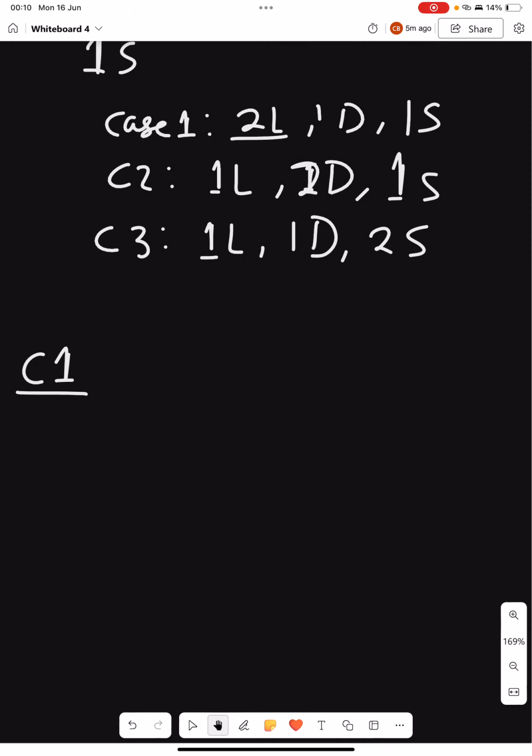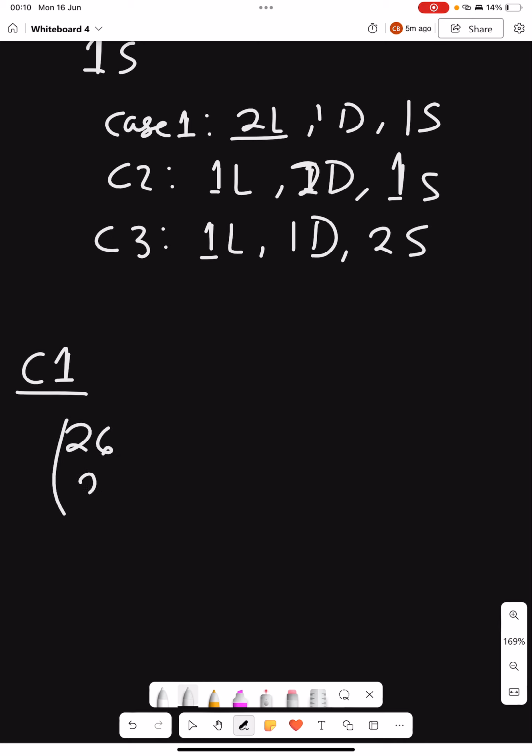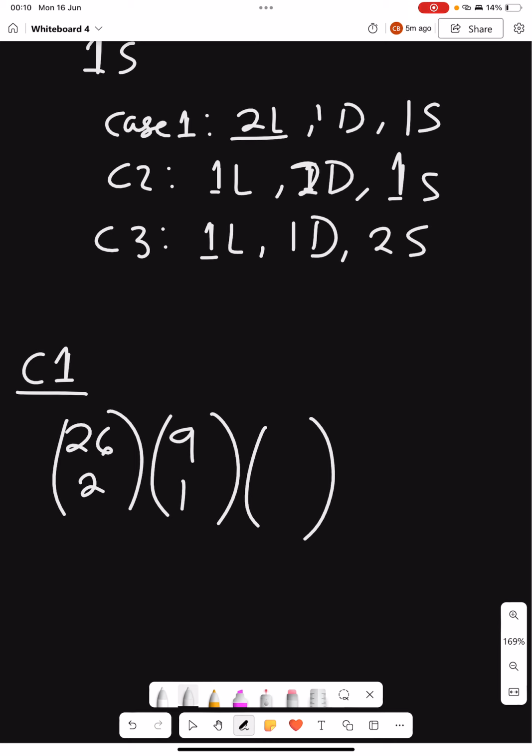So we're going to say 26 choose 2, and then the other characters we can only choose 1. We have 9 digits, we can only choose 1. We have 5 symbols, we can only choose 1, to ensure that we have indeed selected 4 characters.